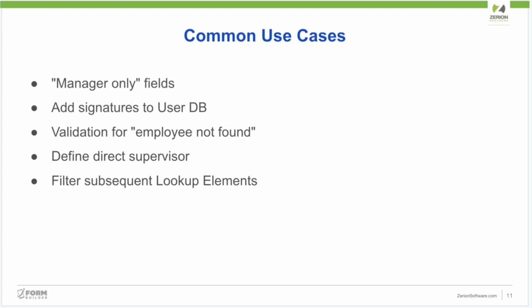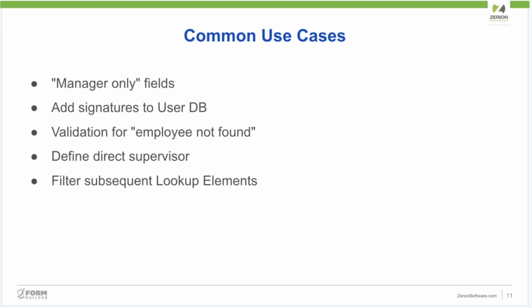So for those of you who are trying to think if this is applicable for you, I wanted to provide some common use cases to stimulate some ideas. And for those of us who already have a known need on how to implement this, I also wanted to let you know that there are other ways you can use this to further make use of that user DB table.